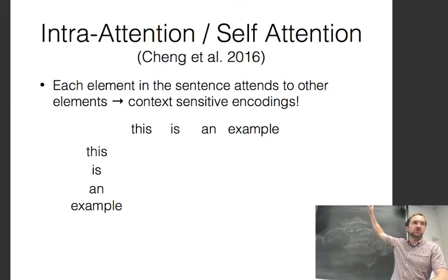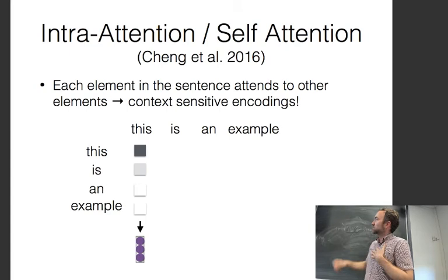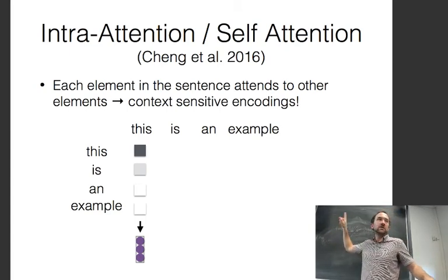One other thing that I'm going to talk about in a bit of detail later is intra-attention or self-attention. These are two names for the same thing. The idea here is that each element in the sentence attends to the other elements. So why would you want to do this? Let's say we have this as an example. When we calculate the embedding for this, we can attend to all the other embeddings in the sentence.